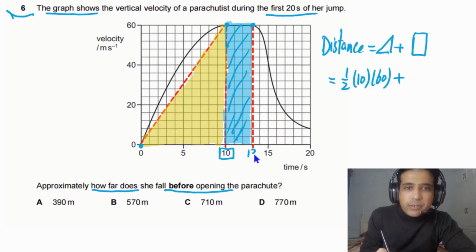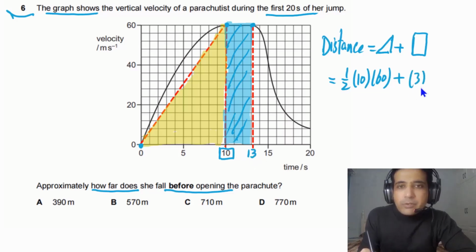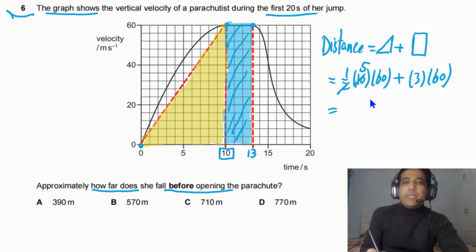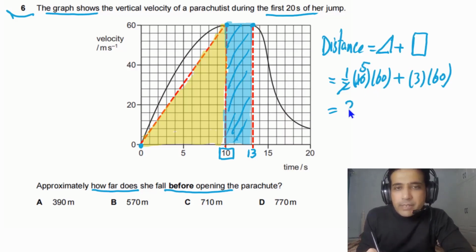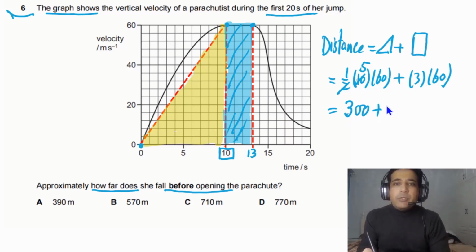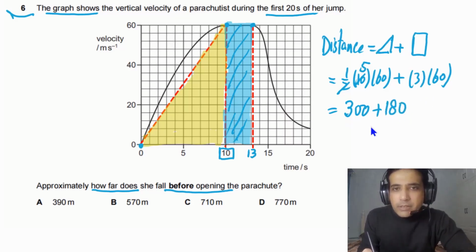So this is 13. So we have 3 times 60. If we simplify, we can cancel this 2 with this, we will get 5 here, and multiplying, we will get 300 here. And if we multiply 60 with 3, we will get 180. So the total area is equal to 480, meaning the total distance traveled.